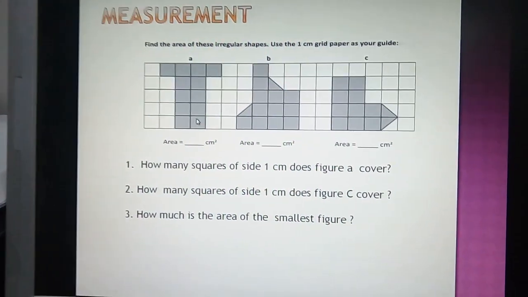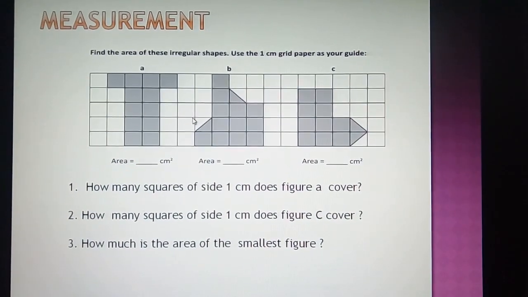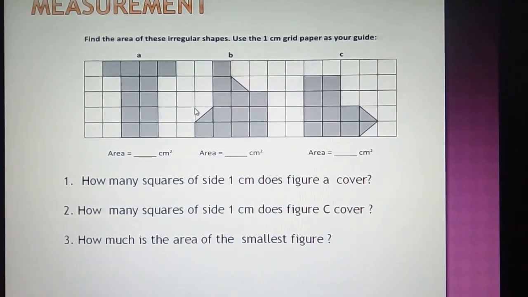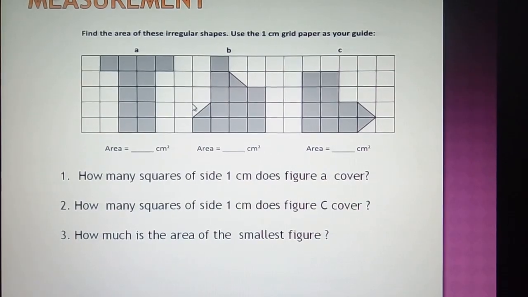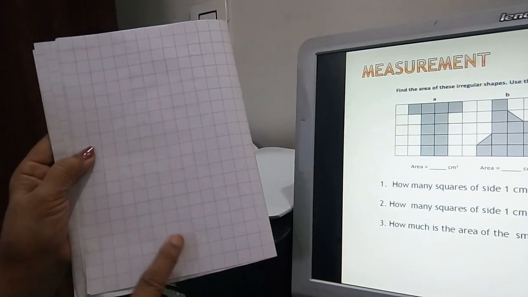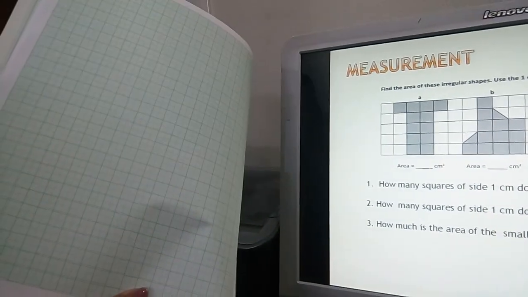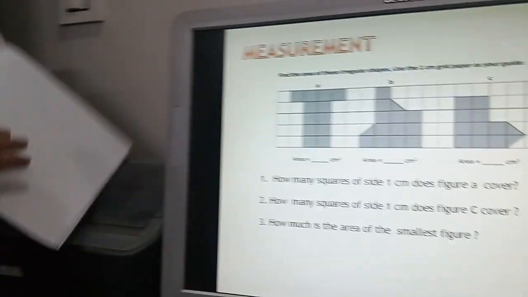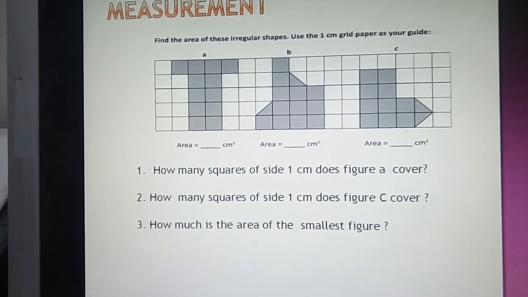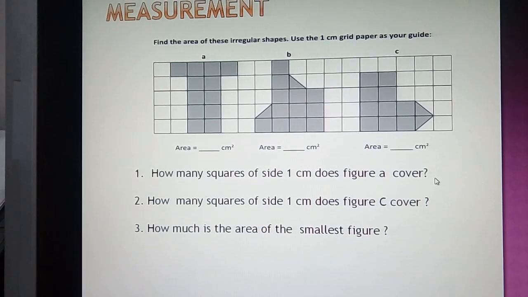Now find the area of these irregular shapes. Use the 1 centimeter grid paper as your guide. Children, you will draw your figures on this sheet of paper or on graph paper, right? Question number 1 is how many squares of side 1 centimeter does figure A cover?